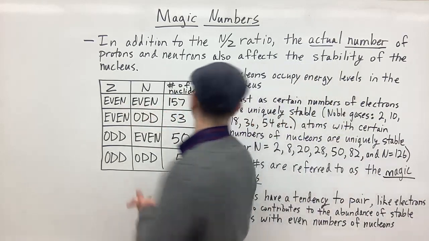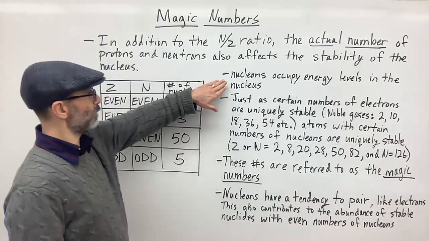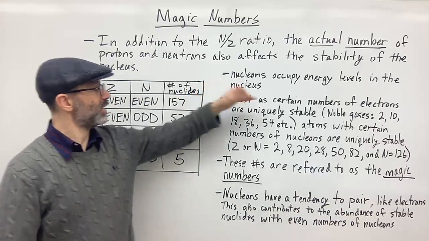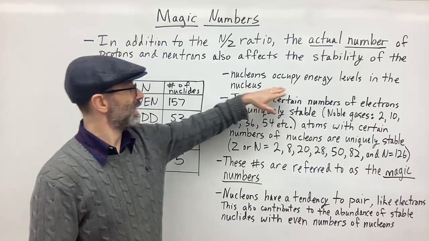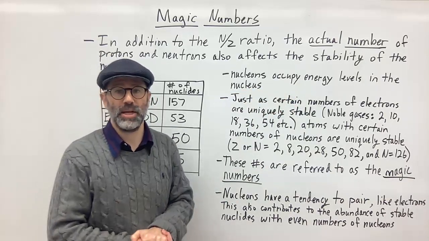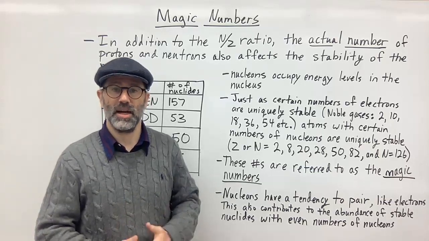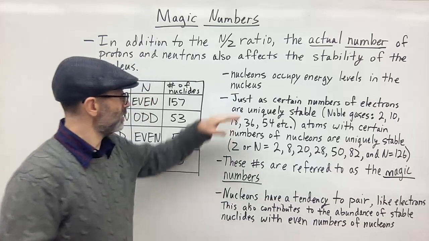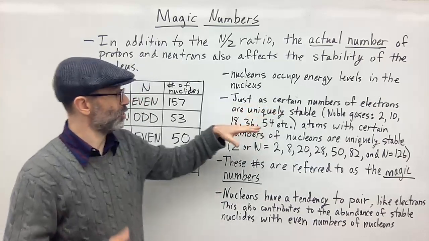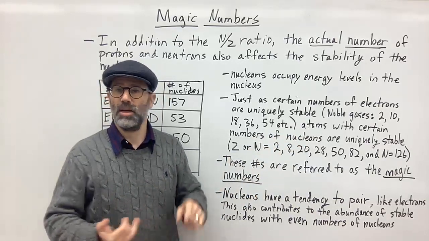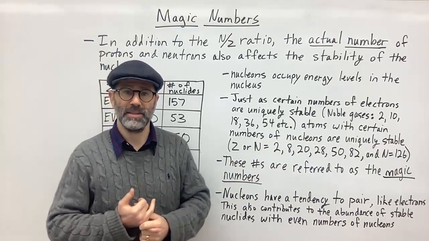So why is this? The reason is that, as I said in my previous video, nucleons occupy energy levels in the nucleus, similar to the way in which electrons occupy different energy levels in the atom. Just as certain numbers of electrons are uniquely stable, in particular noble gases.